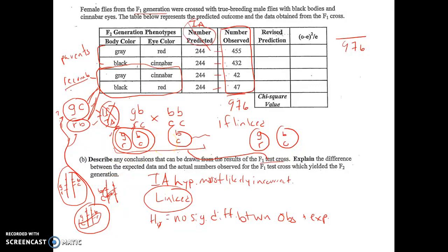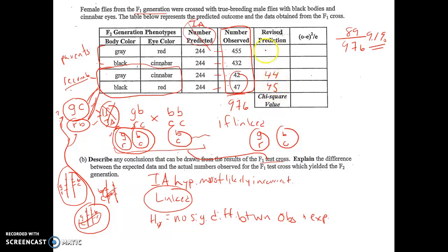Okay, so of those 976, 89 of them were the recombinants. I'm getting that 89 from here, and so this works out to be about a 9.1% frequency of recombination. So I can take that 9.1% and it is going to get me a revised expected here of 44 and 45.